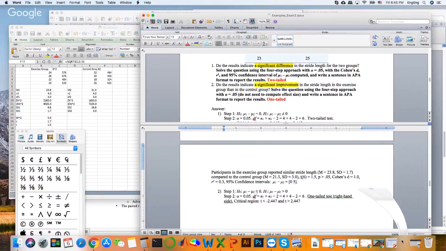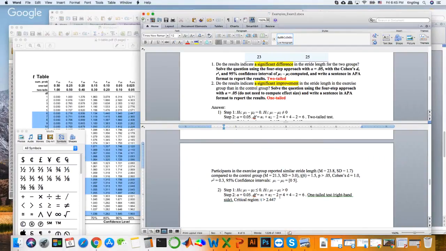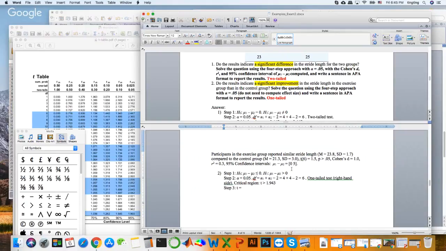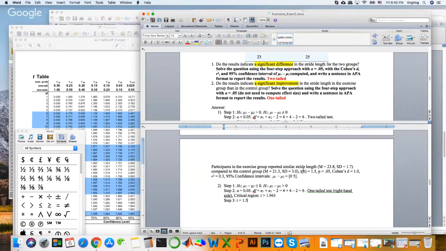And then go back to the t table. One-tailed, 0.05, 6. So we have this number. So we define the critical region, and then step 3, we don't need to do the computation again. The t value equals 1.5.